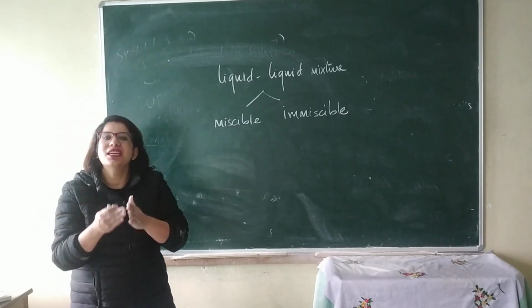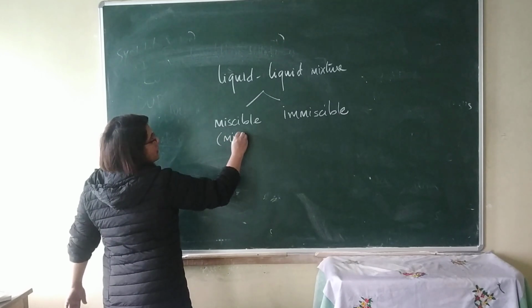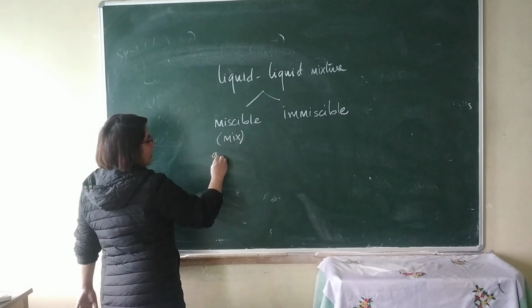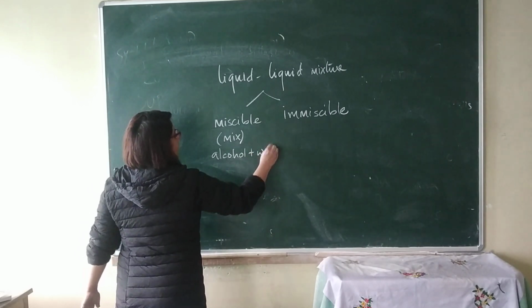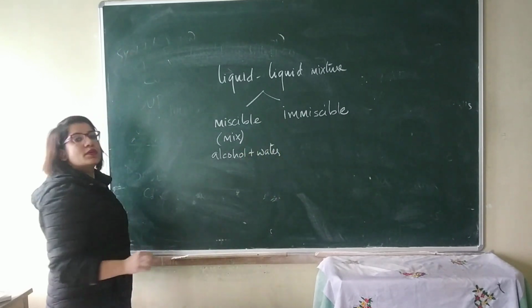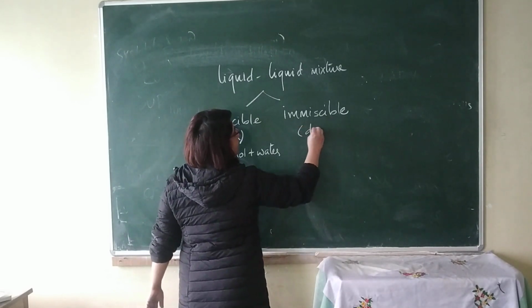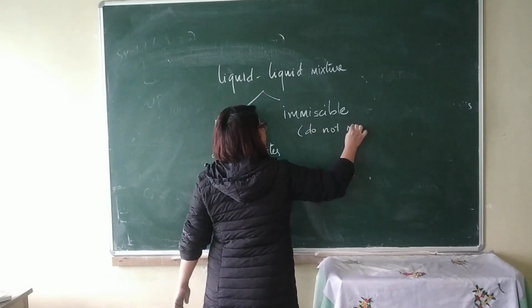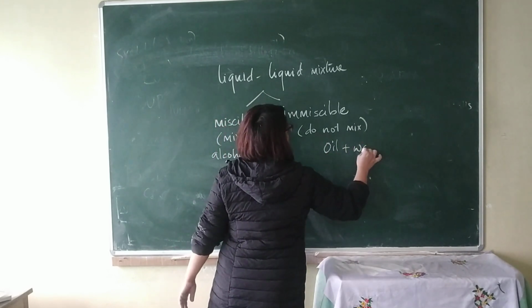Miscible liquids mix with each other, so the two liquids mix with each other, for example, alcohol and water. Immiscible liquids do not mix with each other, for example, oil and water.